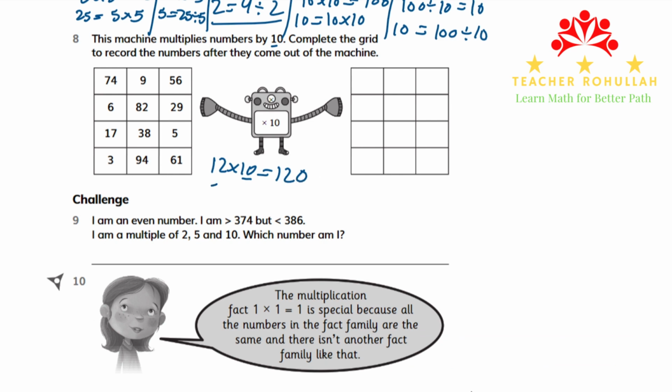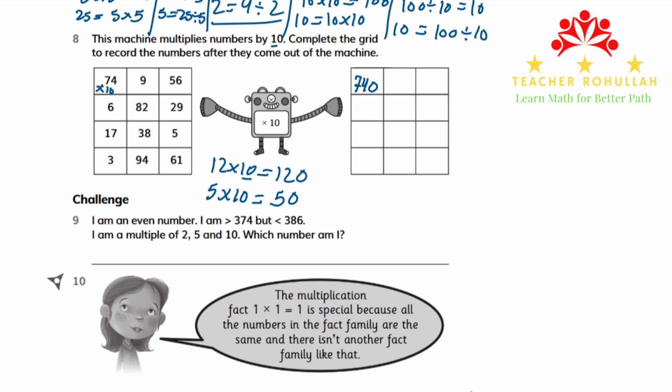Or if we have 5 times 10, again we write 5 itself and write a 0 to the right of it. The answer is found. In the same way, we will do this multiplication by the machine provided here. Now, 74 multiplied by 10, we write 74 itself and add a 0 to the right of it. The answer is 740.